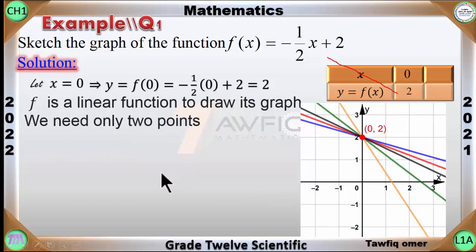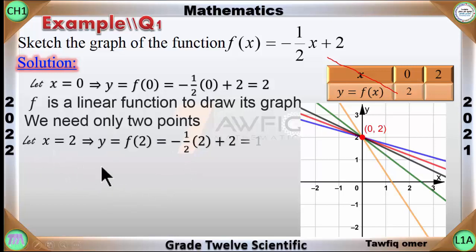Let x equal 2, y equal f of 2 equal minus 1 over 2 times 2 plus 2, which is equal to 1. We cancel this 2 with this 2, and minus 1 remains. Minus 1 plus 2 is 1.